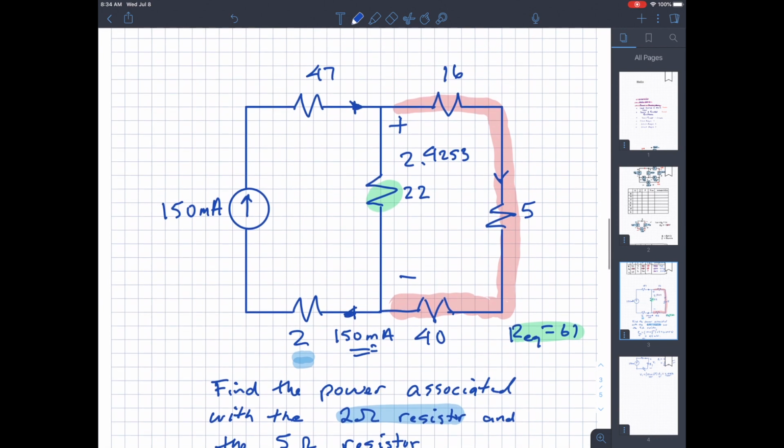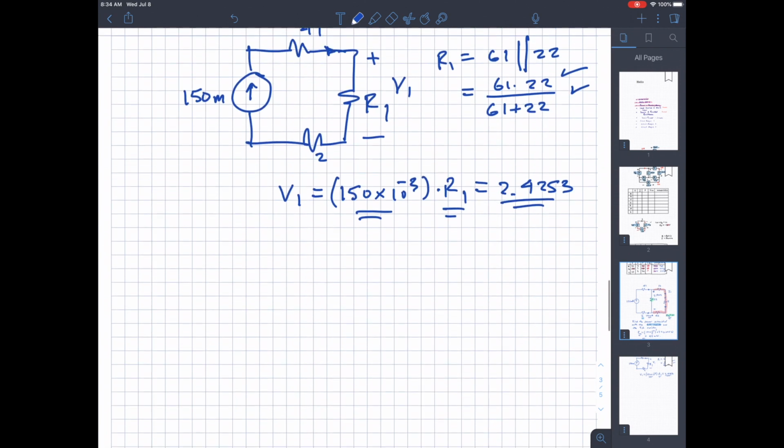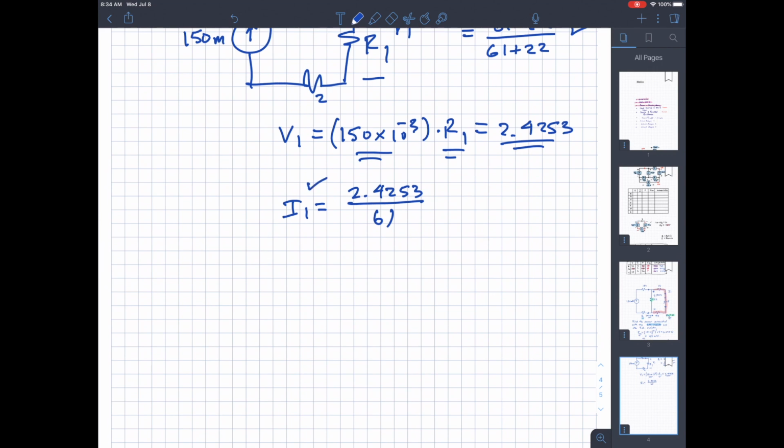Since I know this voltage, I can get the current flowing through this branch because the equivalent resistance is 61. So this current, I'll call it I1, is 2.4253 divided by the equivalent resistance. Okay, so I now have I1.